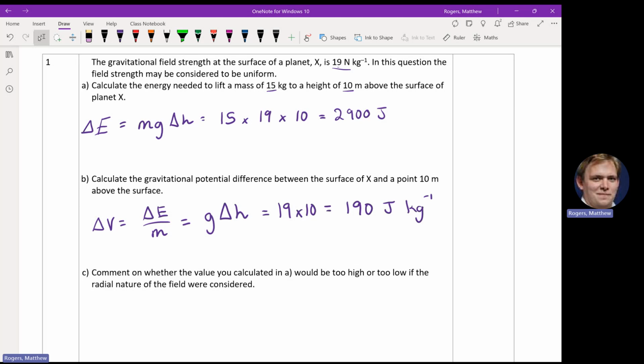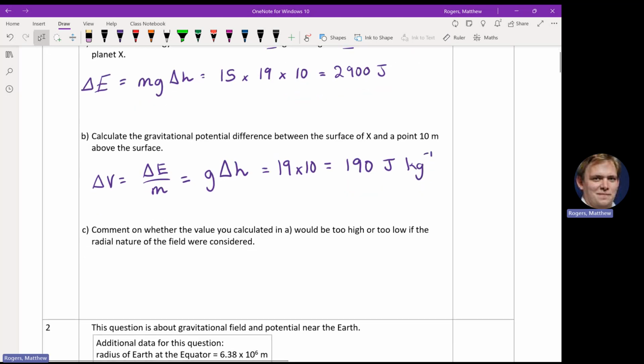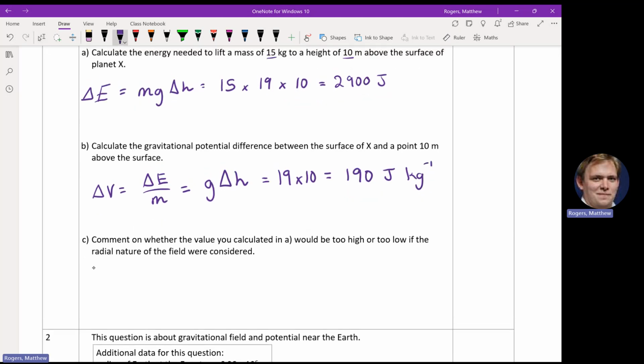Part C, comment on whether the value you calculated in A would be too high or too low if the radial nature of the field were considered. So if we consider that, we'd expect the value of g would decrease as the height increased.